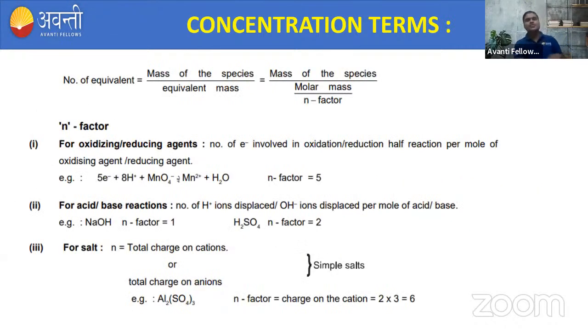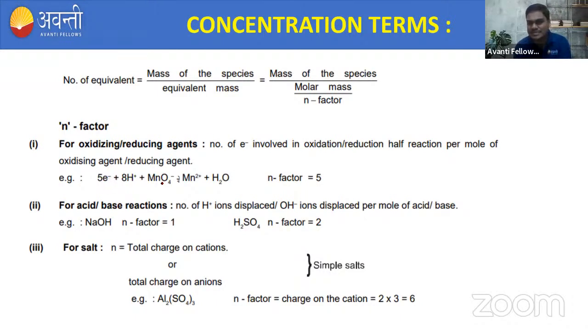So let us assume in case of an oxidizing or reducing agent, the n factor is nothing but the number of electrons involved in oxidation and reduction in the half reaction per mole. For example, here in this question, you can see clearly that it is 5 electrons, right?